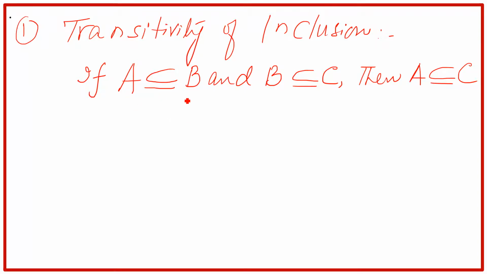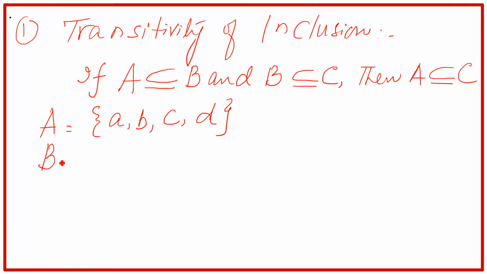A is a subset of B if and only if every element of A is also an element of B. So simple.